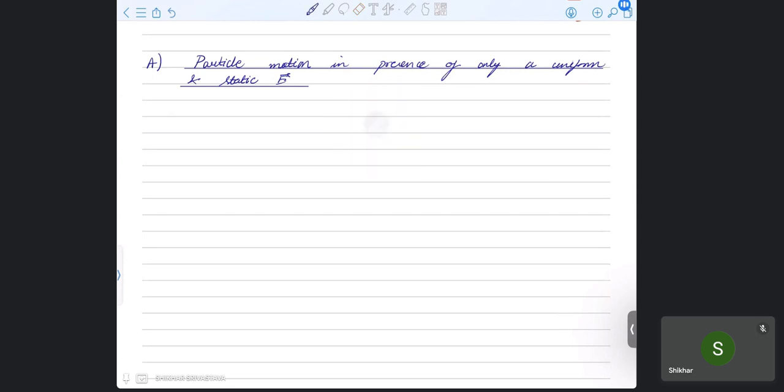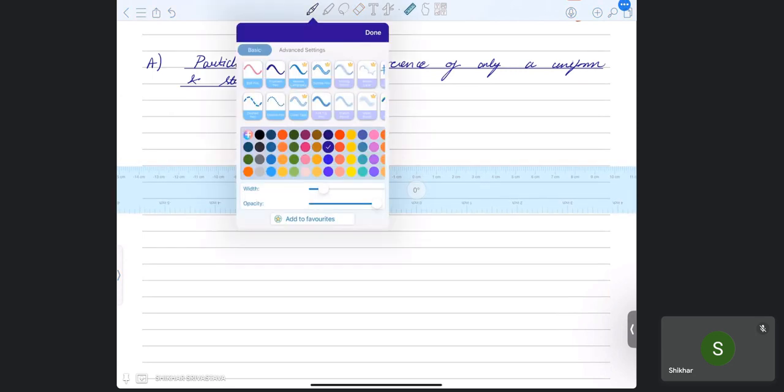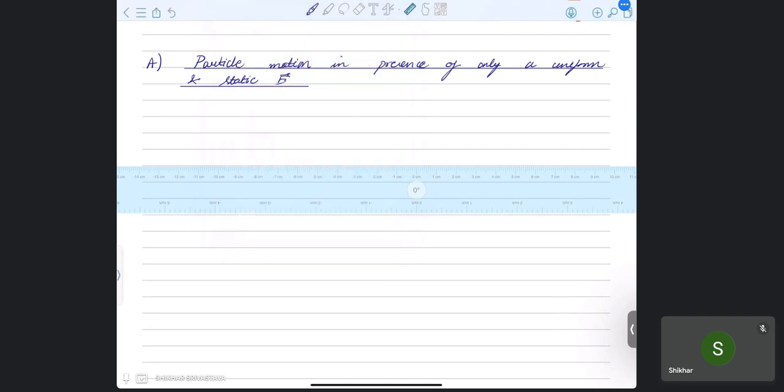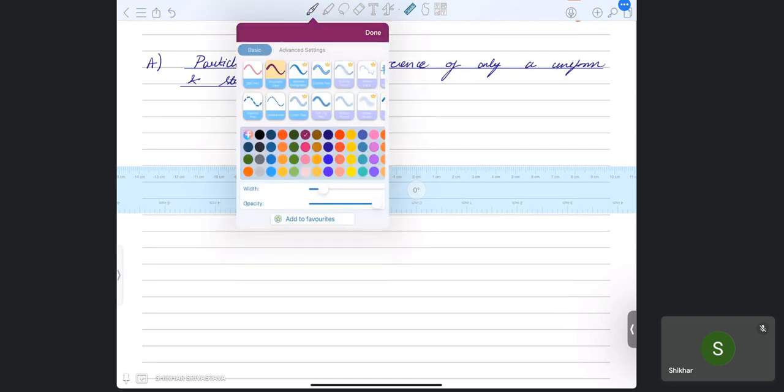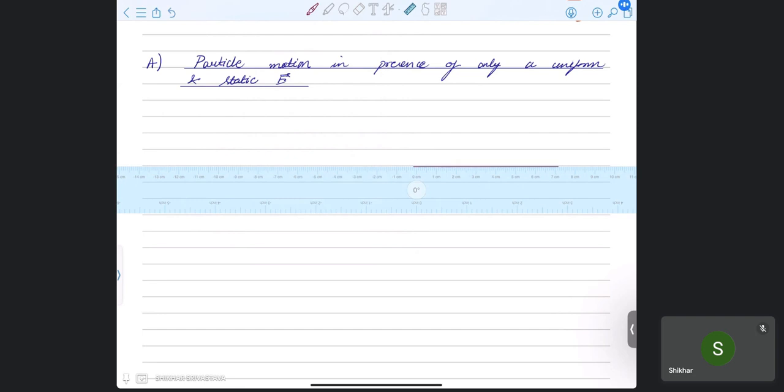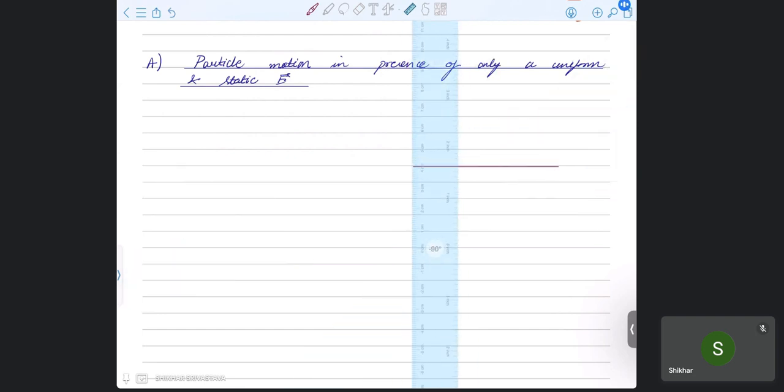Suppose I just draw the configuration. Let me set up the coordinate system x, y, z.